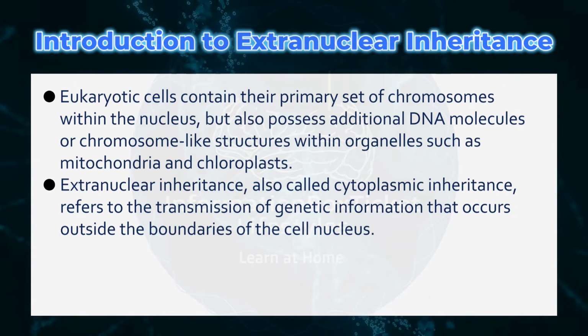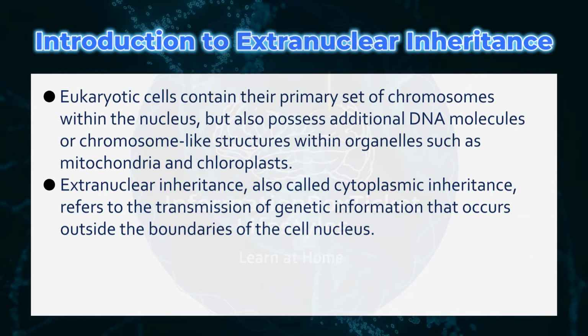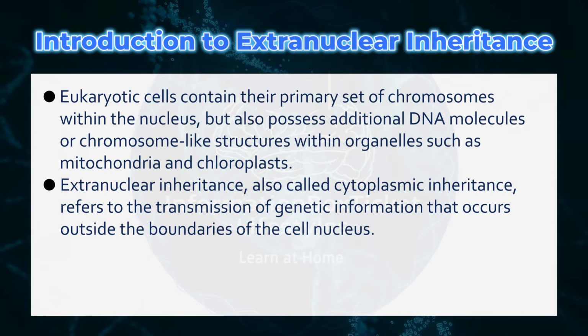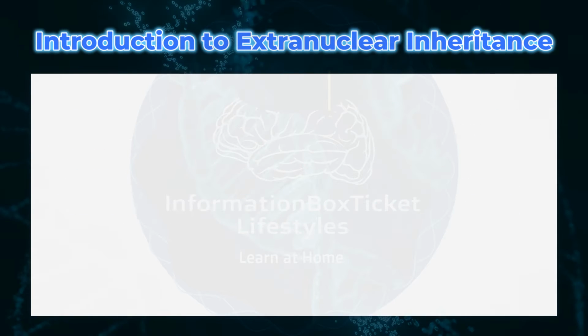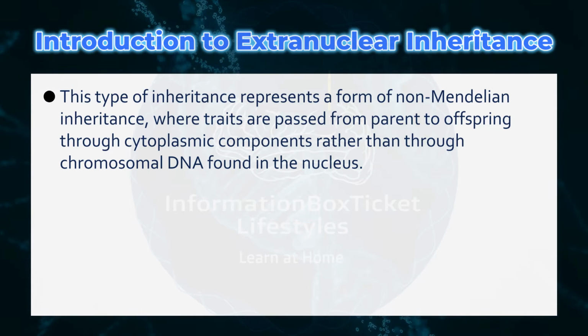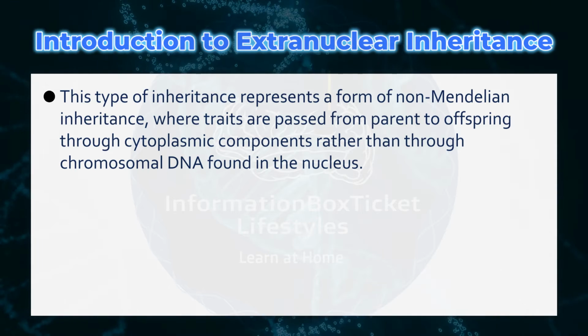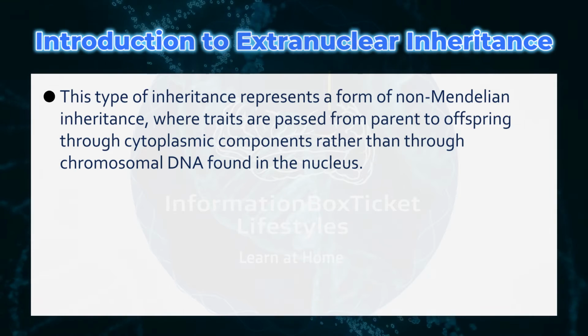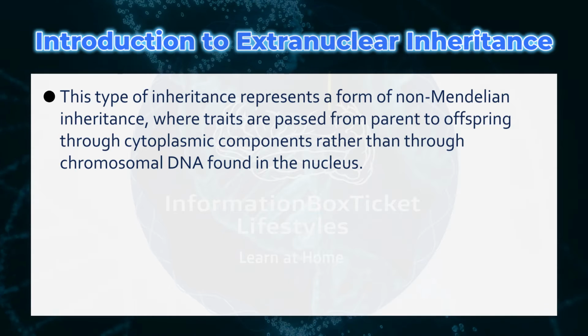Extranuclear inheritance, also called cytoplasmic inheritance, refers to the transmission of genetic information that occurs outside the boundaries of the cell nucleus. This type of inheritance represents a form of non-Mendelian inheritance, where traits are passed from parent to offspring through cytoplasmic components rather than through chromosomal DNA found in the nucleus.